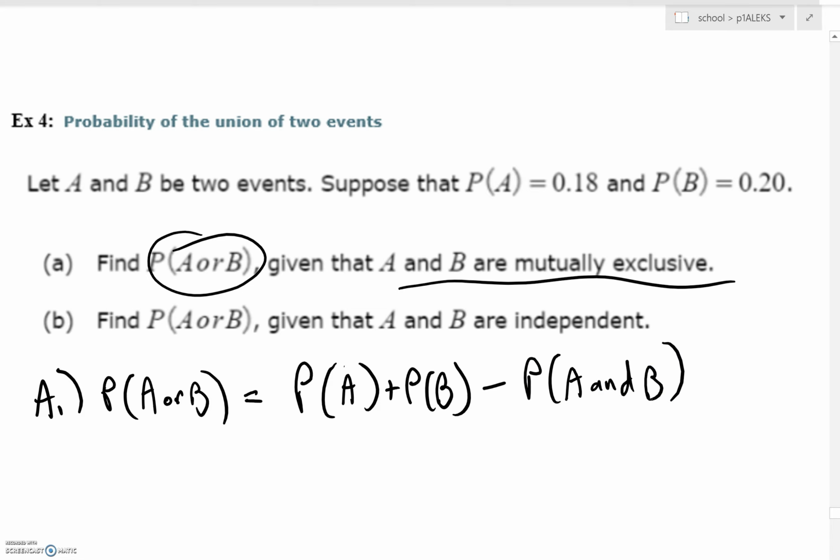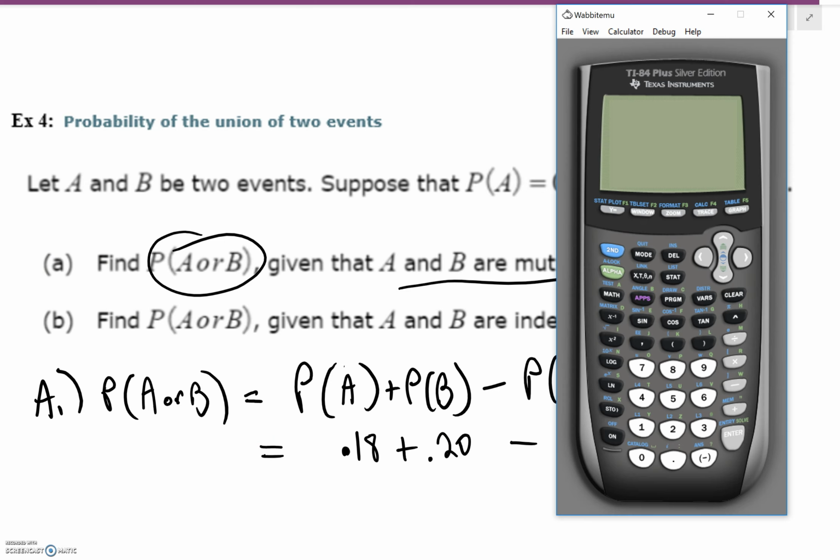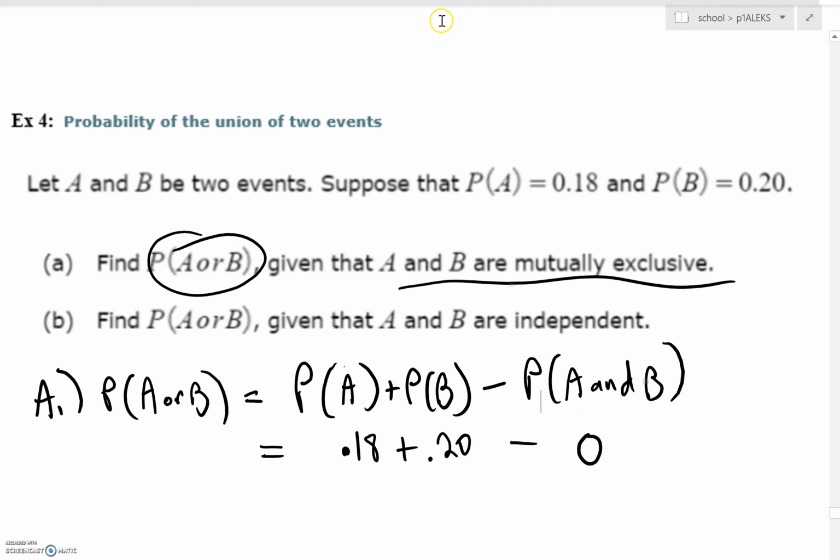It's kind of like being over 5'9" and less than 5'6". It can't happen at the same time. Mutually exclusive probabilities, the and here are 0. It can't happen. So plain and simply, you just add 0.18 and 0.20. And it won't take you long to do that. You're just going to be able to real quickly imagine that you're adding 18 cents and 20 cents. You'll get 38 cents, right?